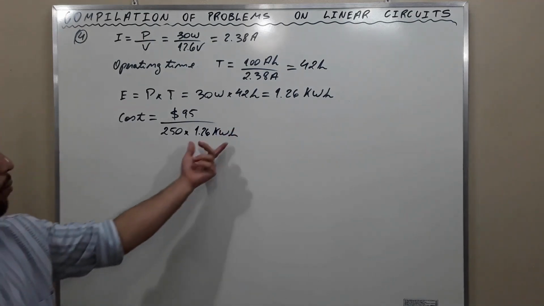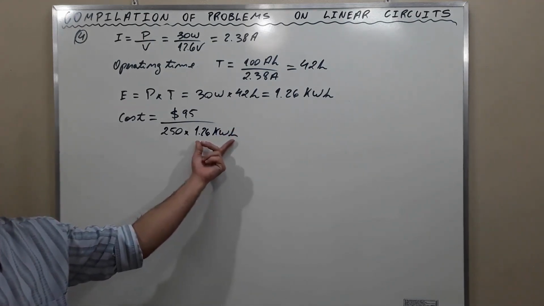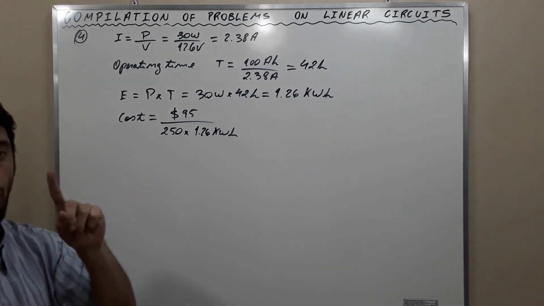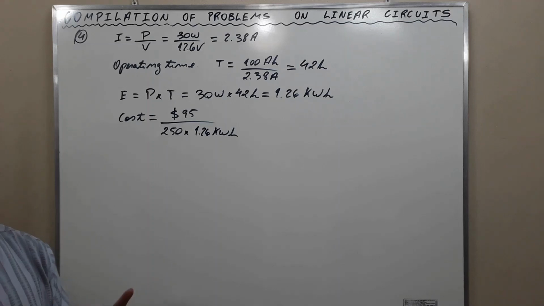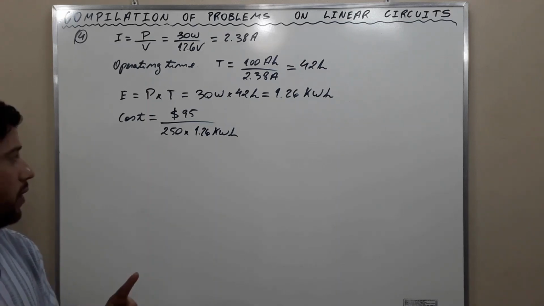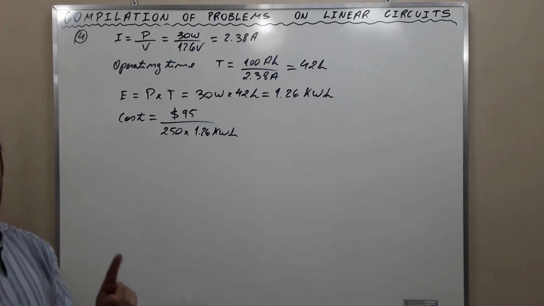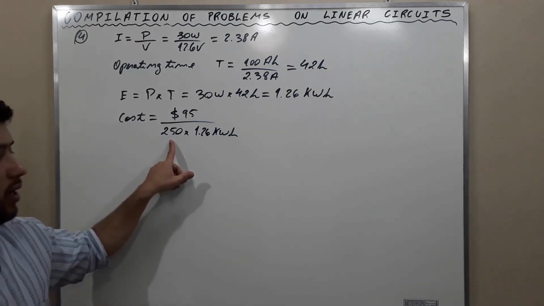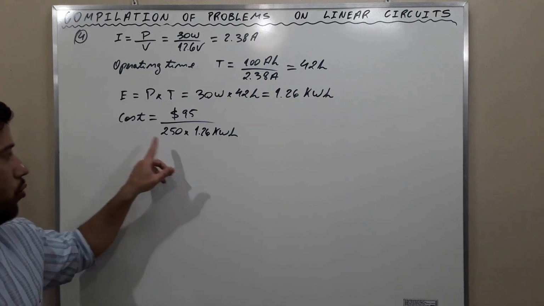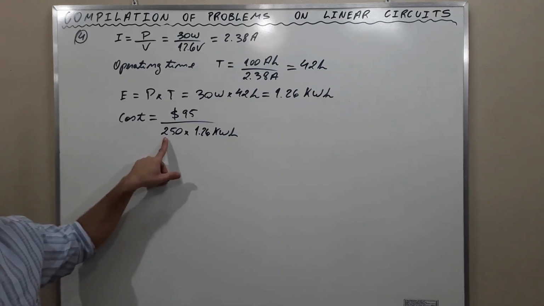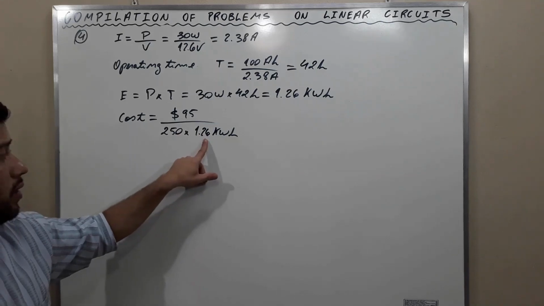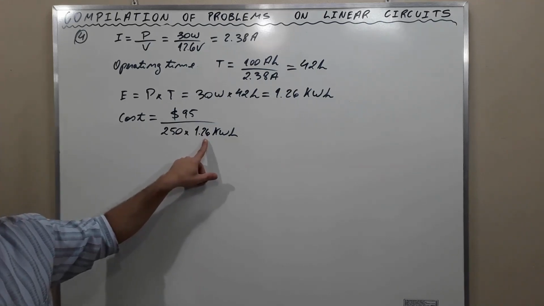Okay, 1.26 kilowatt hour is the amount of energy that can be stored in one charging. Okay, but if we charge and discharge 250 times, the amount of energy will be 250 times the amount of energy in one charge.